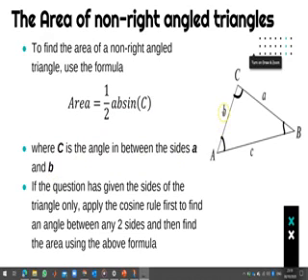You can see here we have sides b and a, and the angle in between is C. The same applies to b and c: the angle in between is A. And for a and c, the angle in between is B. So for this formula, you take two sides and the angle in between, and you can easily find the area of a non-right angle triangle.